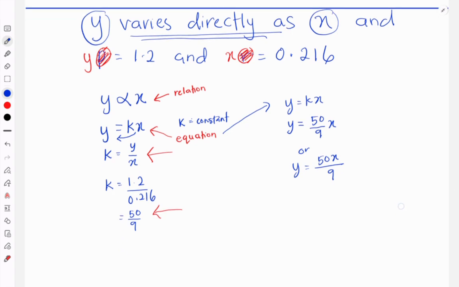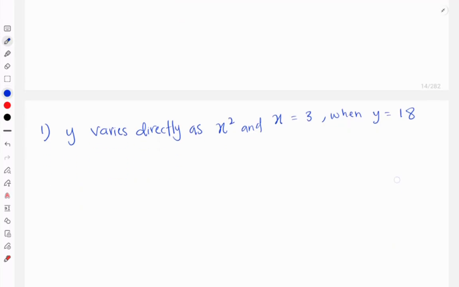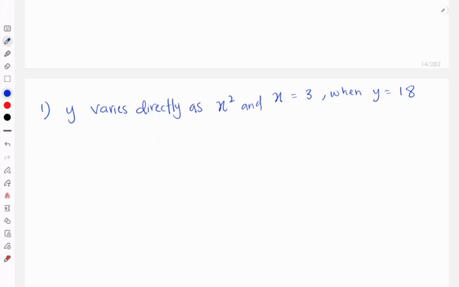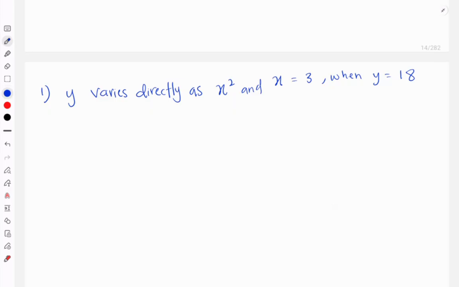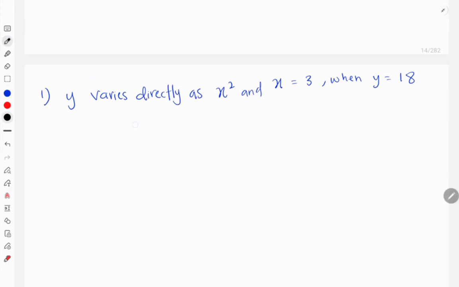Next example. The question says y varies directly as x squared. Remember, first you must write it in relation form: y varies directly as x squared. Then convert it to equation form: y equals kx squared.